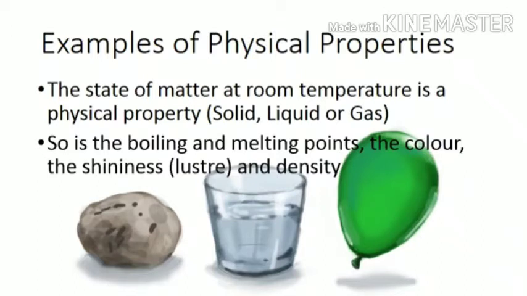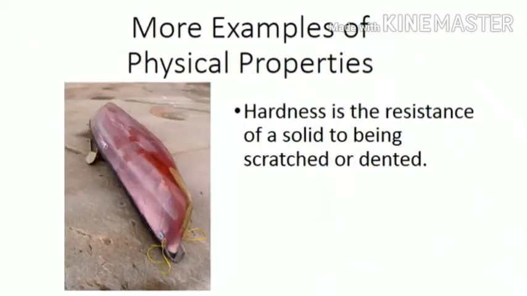Boiling point, melting point, color, density, all these are physical properties of a substance. Another one is hardness. It is the resistance of a solid to being scratched or dented. This is again a physical property.